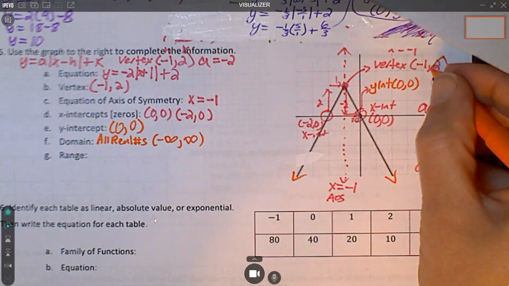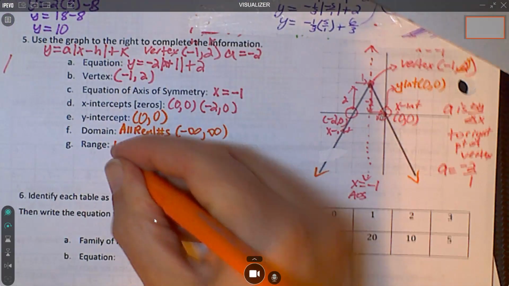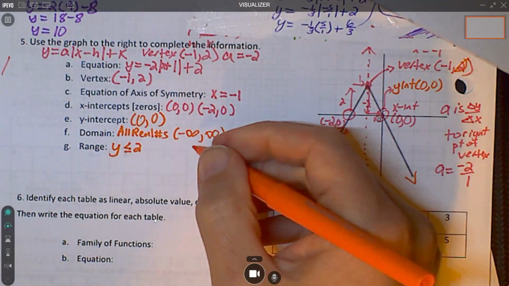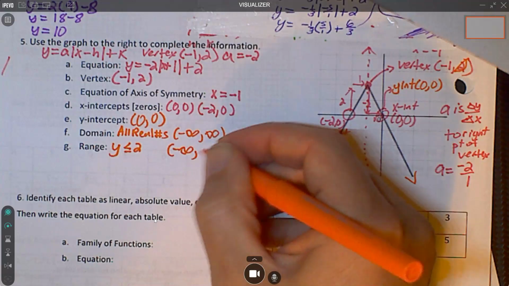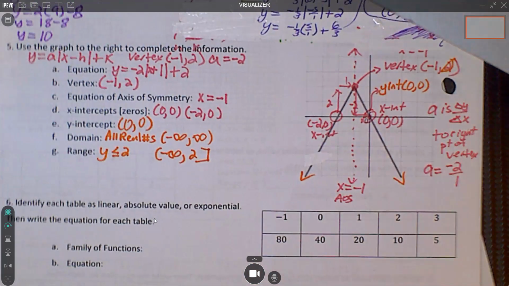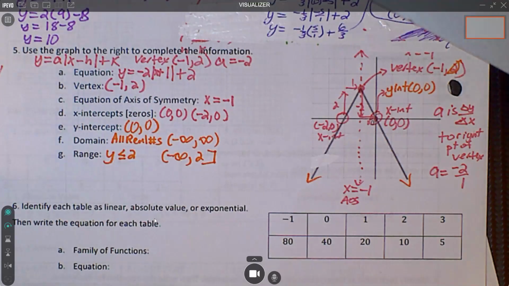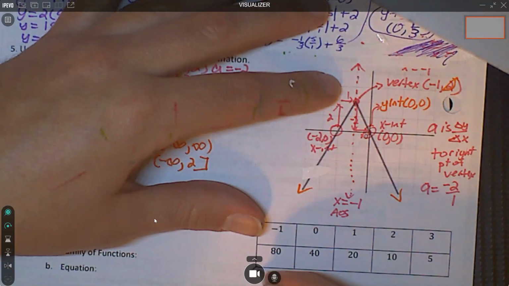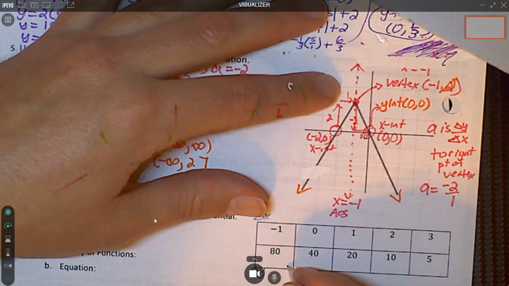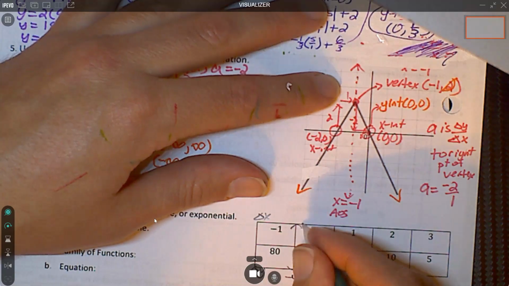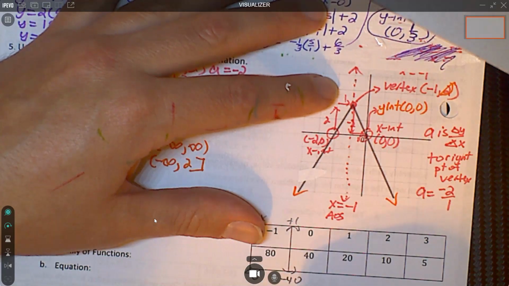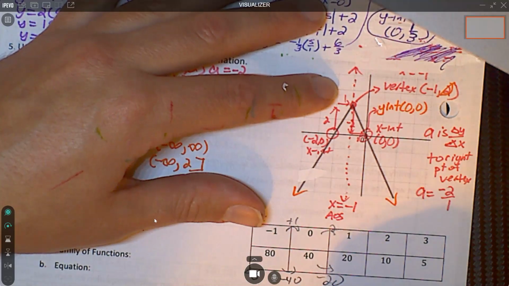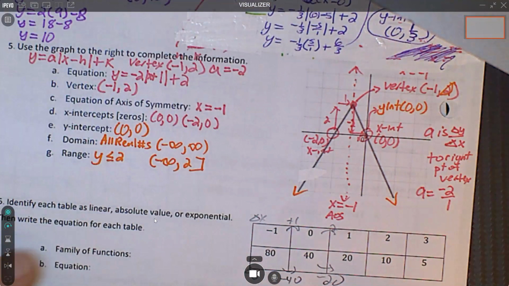So if you look at the y's: down 40, up 1, down 20, up 1. So not linear.